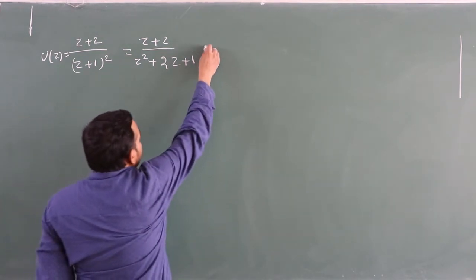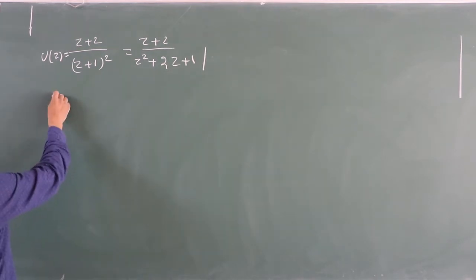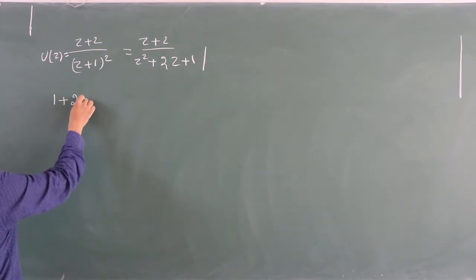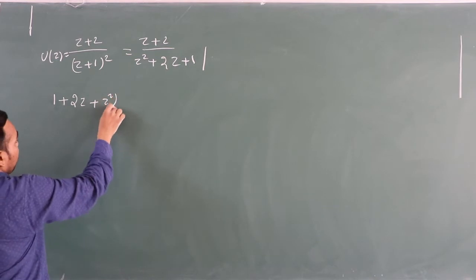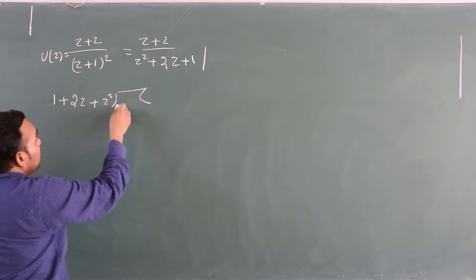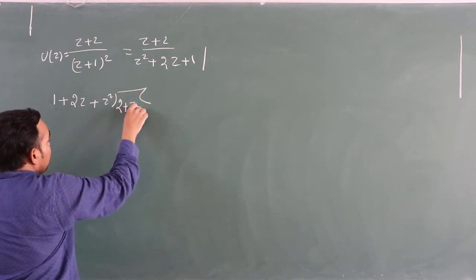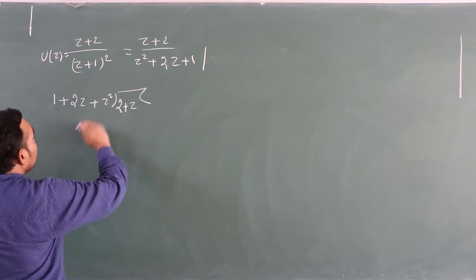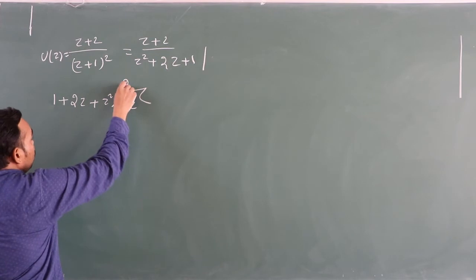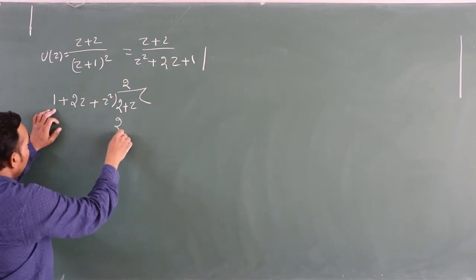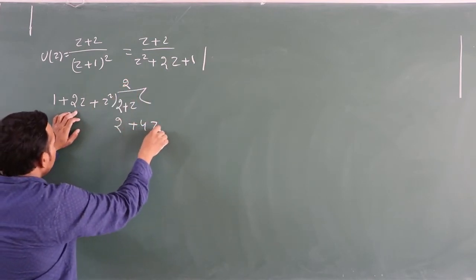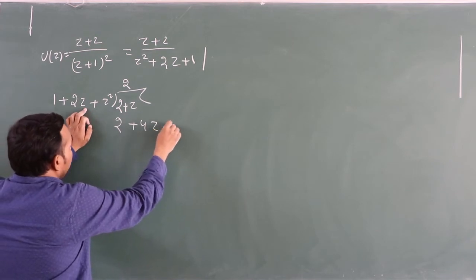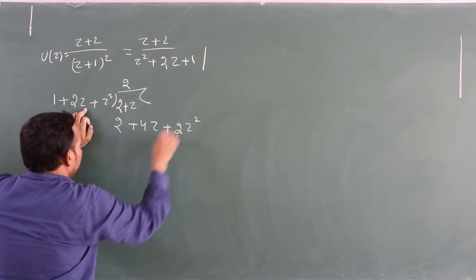So we simply write this in terms of 1 plus 2z plus z square, and here we write 2 plus z, and here write 2, that is we get 2 plus 4z plus 2z square.